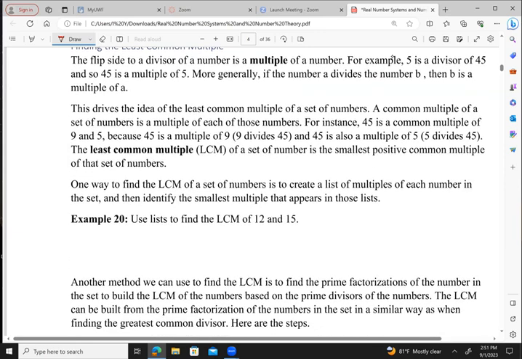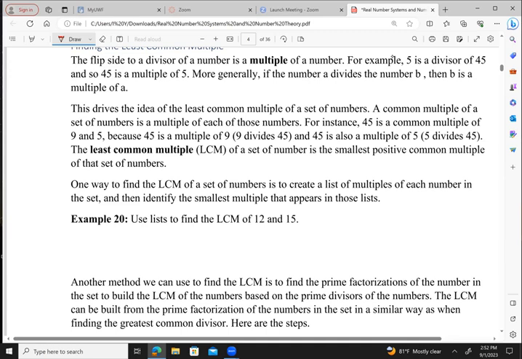A common multiple of a set of numbers is a multiple of each of those numbers. For instance, 45 is a common multiple of 9 and 5 because 45 is a multiple of 9, 9 times 5 is 45. And 45 is also a multiple of 5 because 5 divides 45. The least common multiple, or LCM, of a set of numbers is the smallest positive common multiple of that set of numbers.